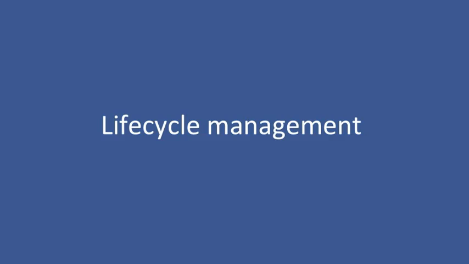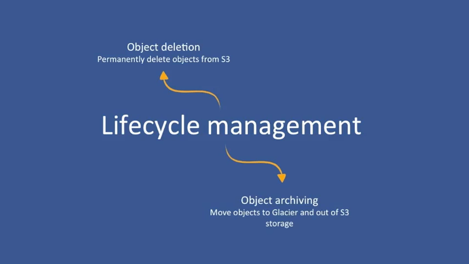And lifecycle management within S3 lets you do this. So you can do object deletion, so you can control when an object will be automatically deleted from S3. And you can also control object archiving, so you can move objects into Glacier or move it to that other storage class and out of S3 based upon some rules.